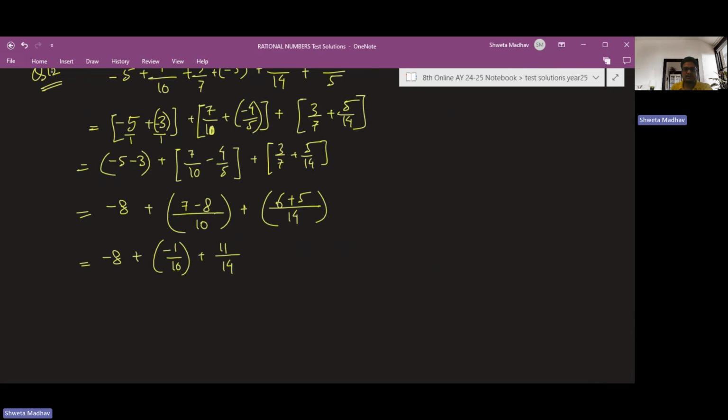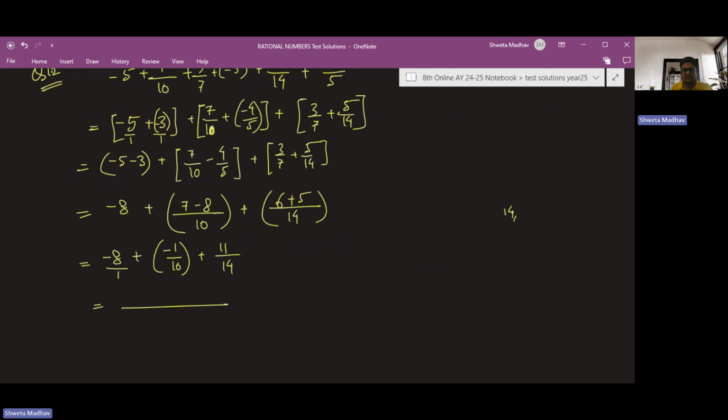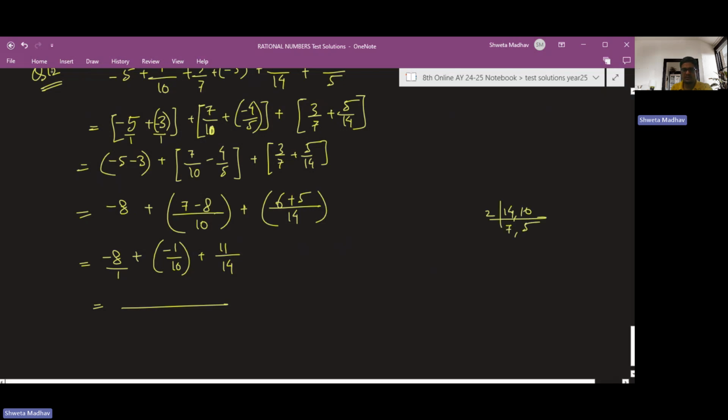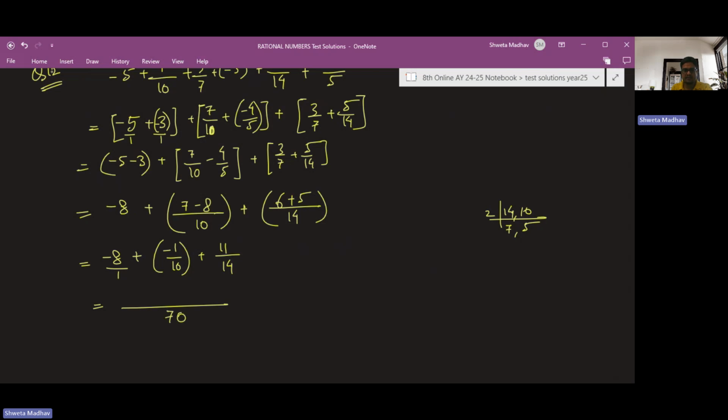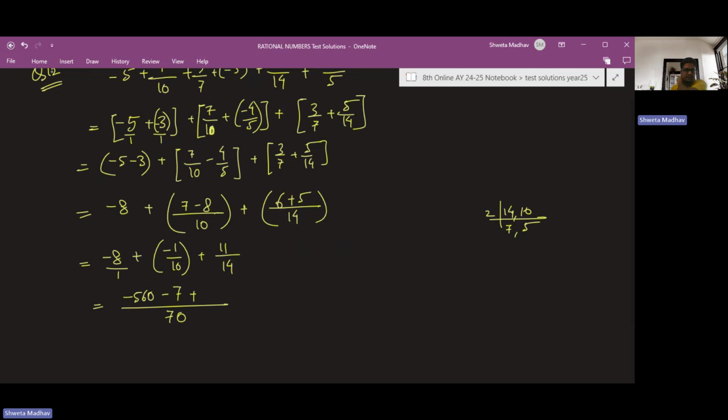Now here again we can take the LCM of the denominators 1, 10 and 14. So the LCM of 14 and 10 will be 70. So the LCM is 70, and 7 8s are 56, so this is 560. Minus, 10 7s are 70, plus 14 5s are 70, so 5 11s are 55.